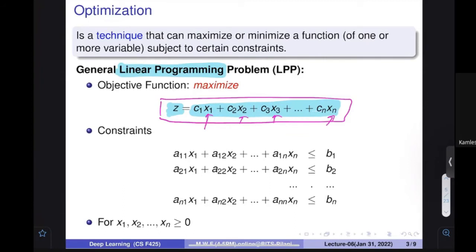Let me just quickly, for the sake of your understanding, create a formula. For example, I say that z is equal to 3x1 minus 2x2 plus 4x3. I want to find out the maximum value of this particular equation, provided the constraints such as x1 minus x2 should be less than or equal to 3, and x2 plus 3x3 should be less than or equal to 10, or some such equation that I'm going to write.